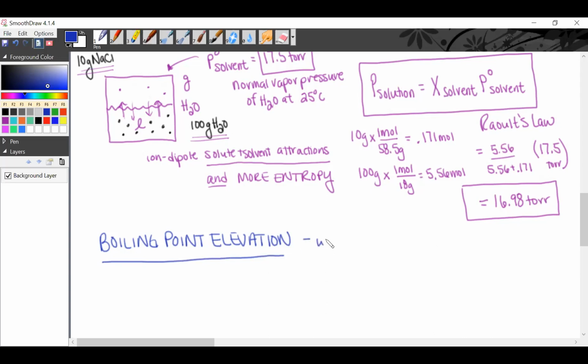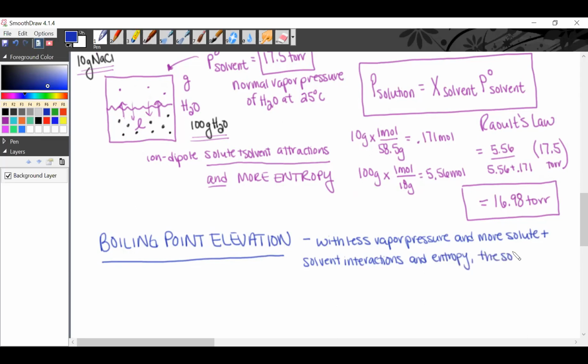Okay, so with less vapor pressure, and more solute-solvent interactions, and entropy, the solvent is now harder to boil.